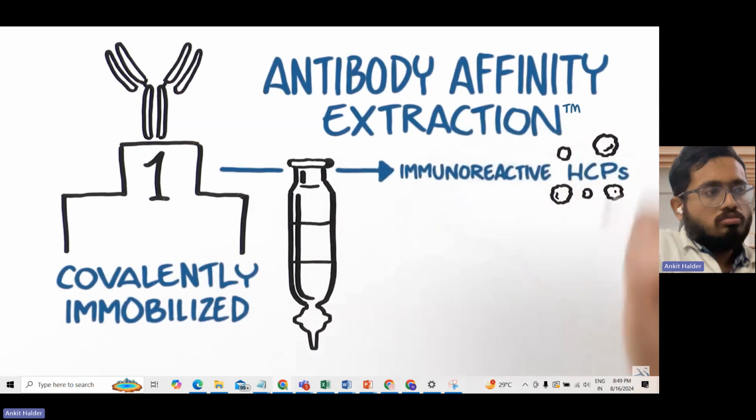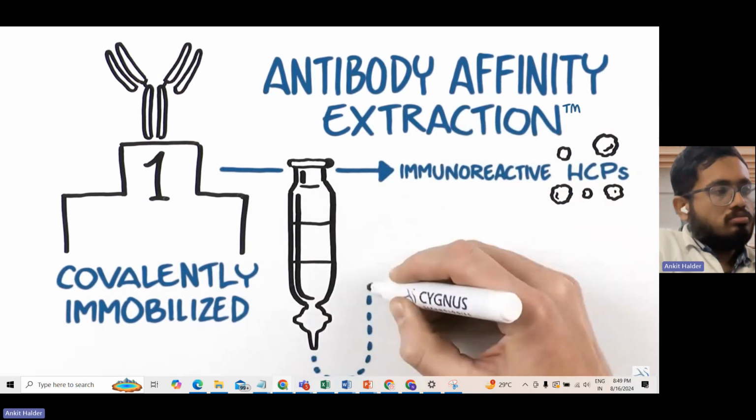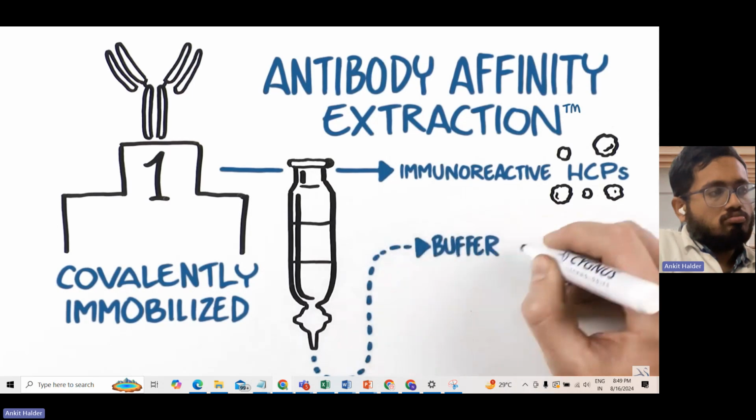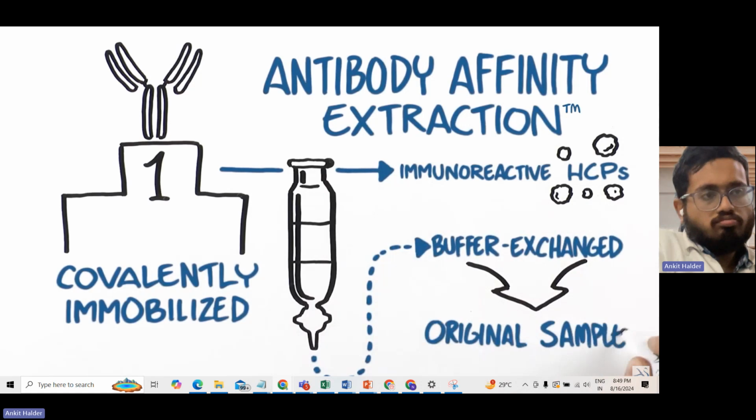The HCPs are eluted from the column, buffer exchanged, and concentrated to the original sample volume.